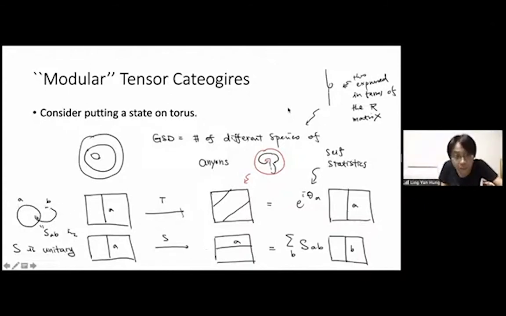And you see, this picture really corresponds to B moving around A. And so you can think of S_AB as some kind of mutual statistics, the phase that you gain when B runs around A. And being a modular tensor category means that S_AB is a unitary matrix. That is an input data that you put into the theory.